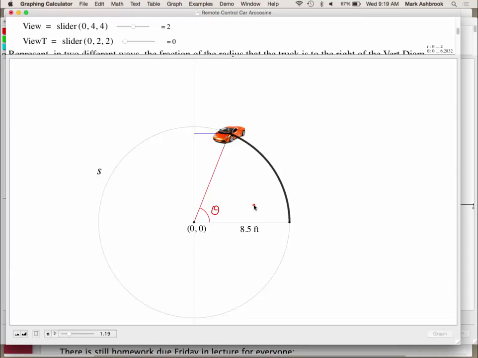The radius of our arc is 8.5 feet. And so after sweeping this angle measure theta, this puts the car some distance here to the right of the vertical diameter, which I'm going to say is 3.5 feet.